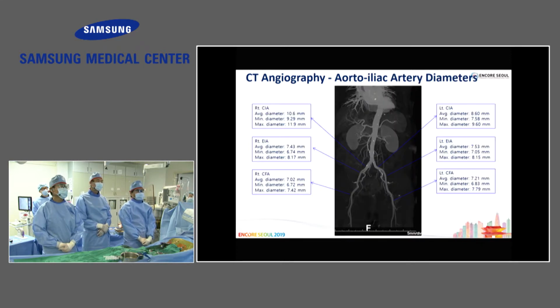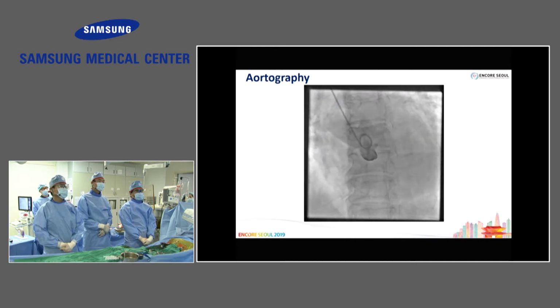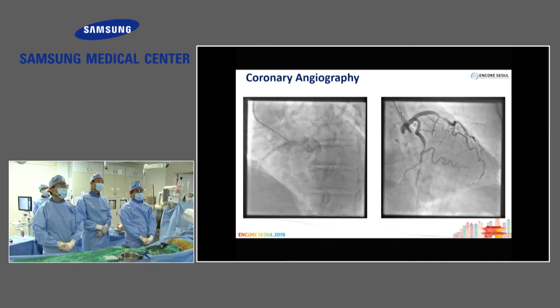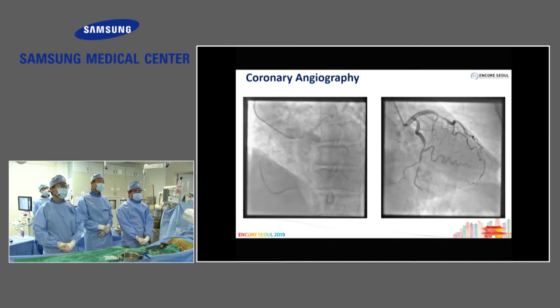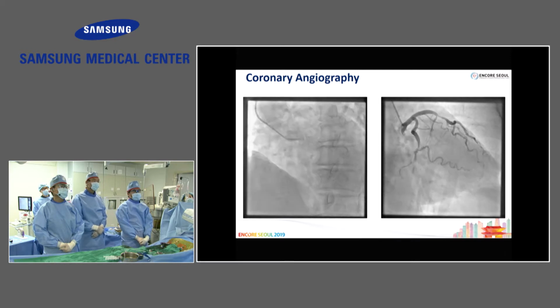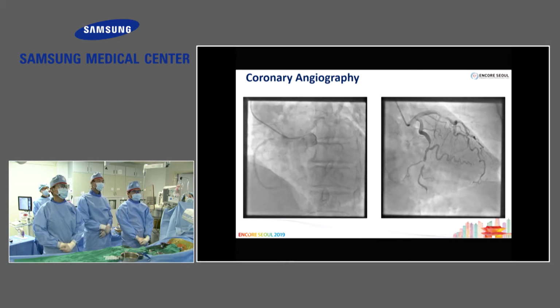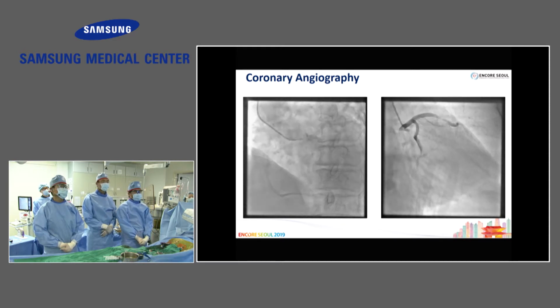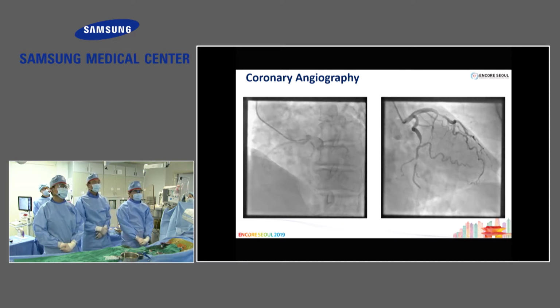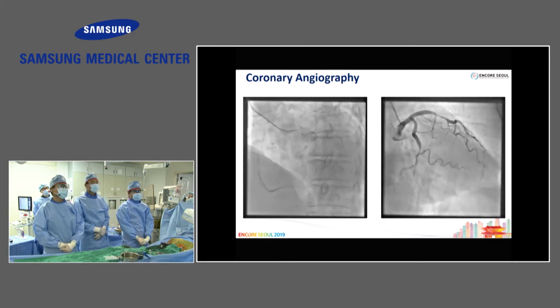So the peripheral access is very good. Next. Aortography and visual calcium is NC steep. Next. RCA is originating from the left cusp, and left angiography showed left circumflex severe stenosis with decreased TIMI flow, and mid LAD showed a moderate intermediate lesion.